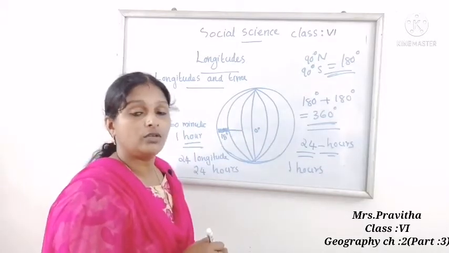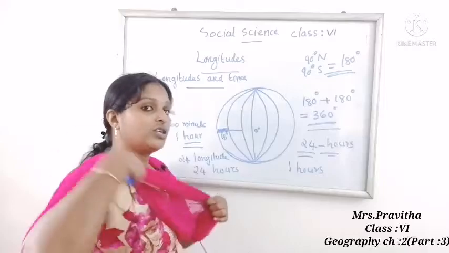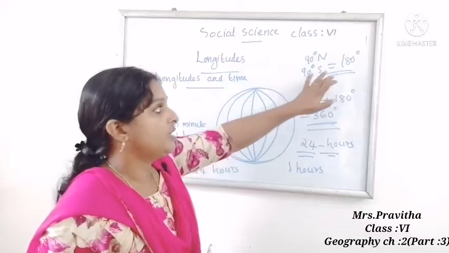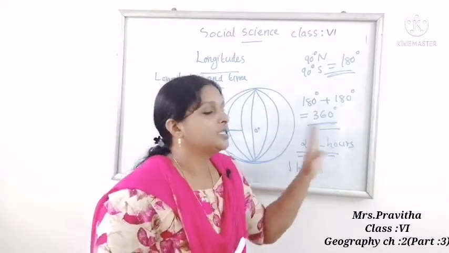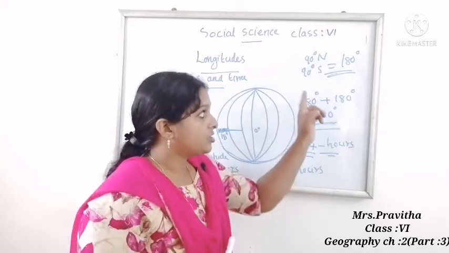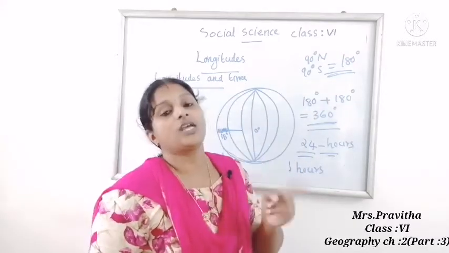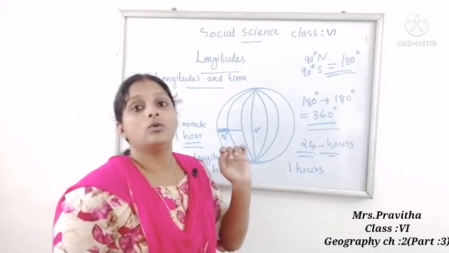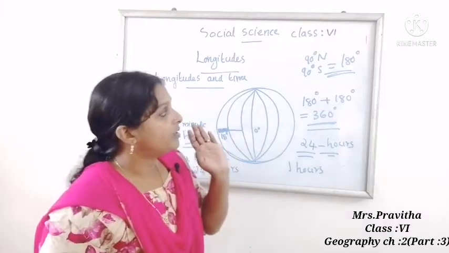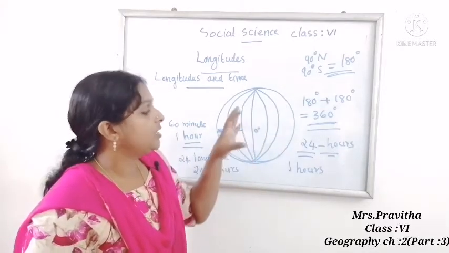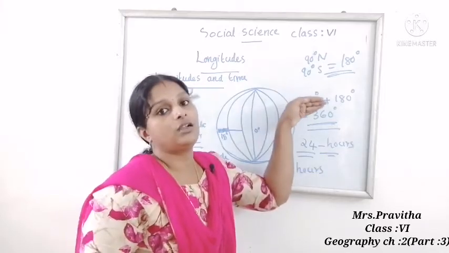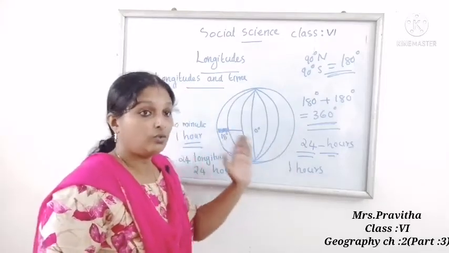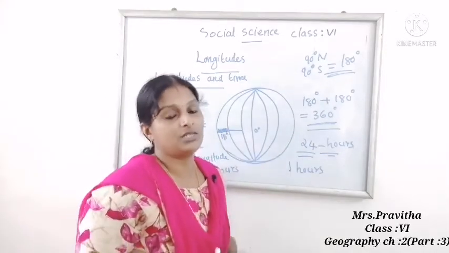Don't be confused: 180 degrees of latitudes are there, 360 degrees of longitudes are there. 0 degree latitude is known as the equator. 0 degree longitude is known as the prime meridian or Greenwich line. 0 degree latitude divides the Earth into northern and southern hemispheres. 0 degree longitude divides the Earth into western and eastern hemispheres.